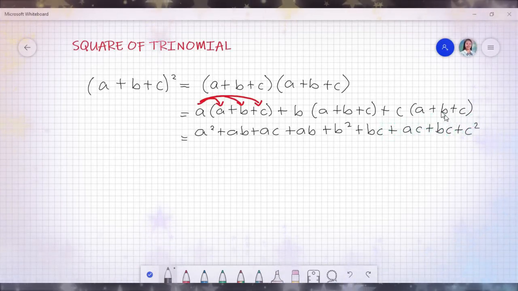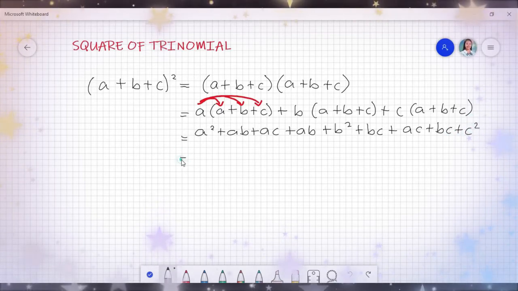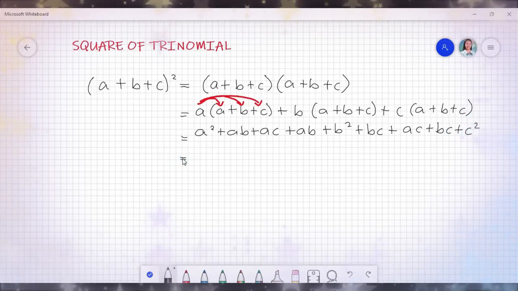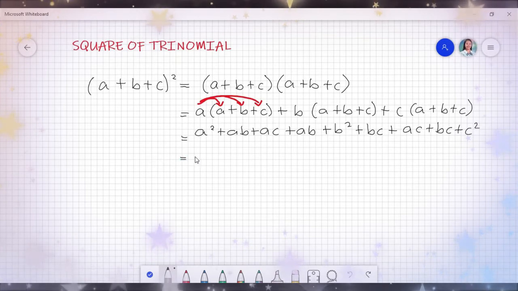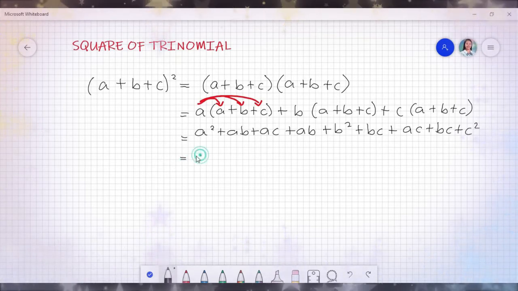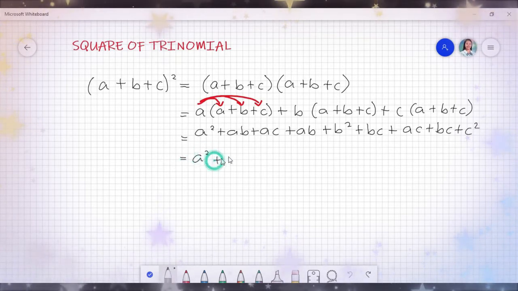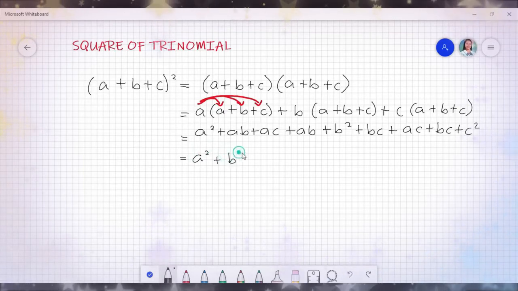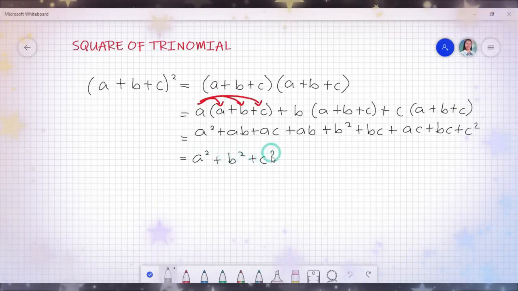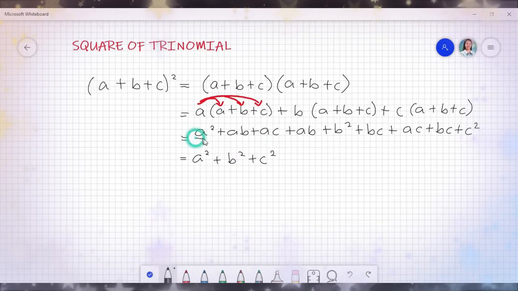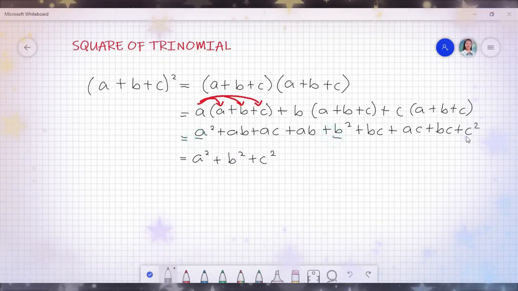Now combine like terms. We write first the terms with the higher degree, so we write first a squared plus b squared plus c squared, then combine like terms.